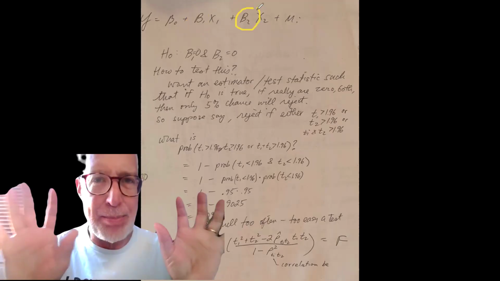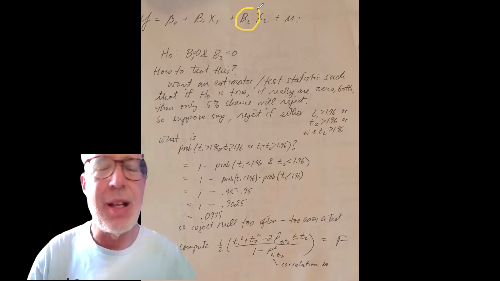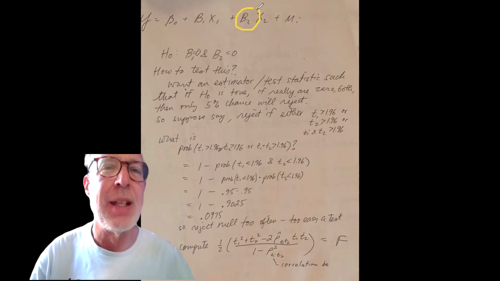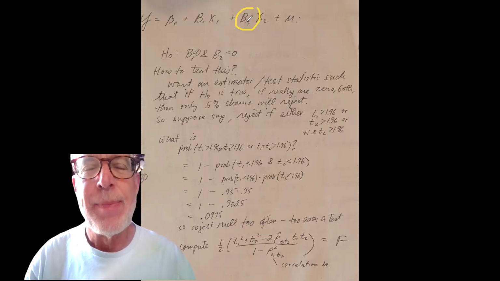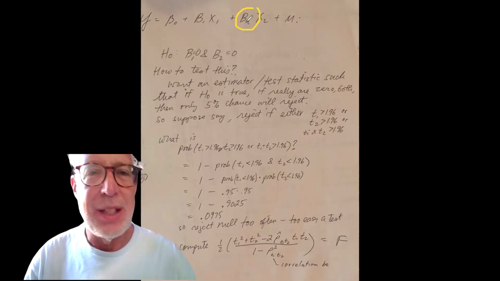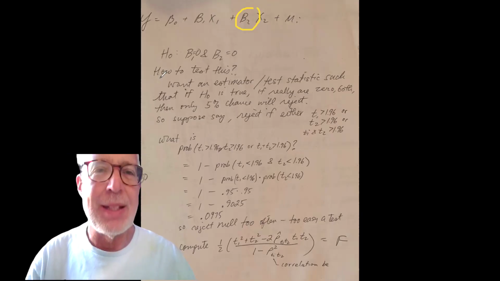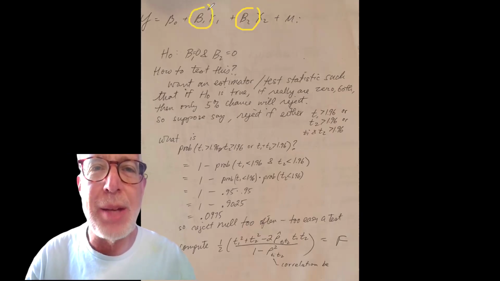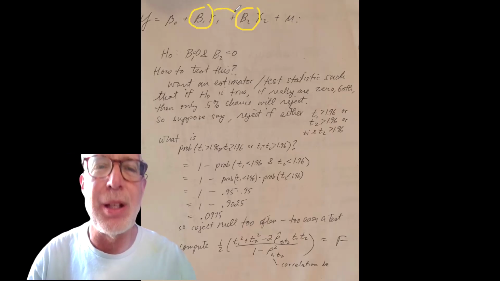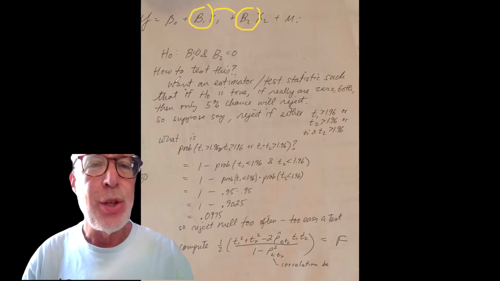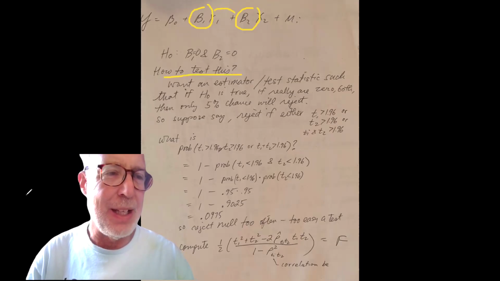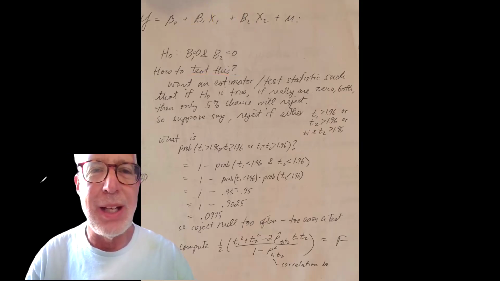So those are our separate hypothesis tests, under the assumption that one of the coefficients is equal to 0. Now we have a different hypothesis test. We want to test the joint hypothesis that both of them are equal to 0. How do we test this? That's the question we're asking.